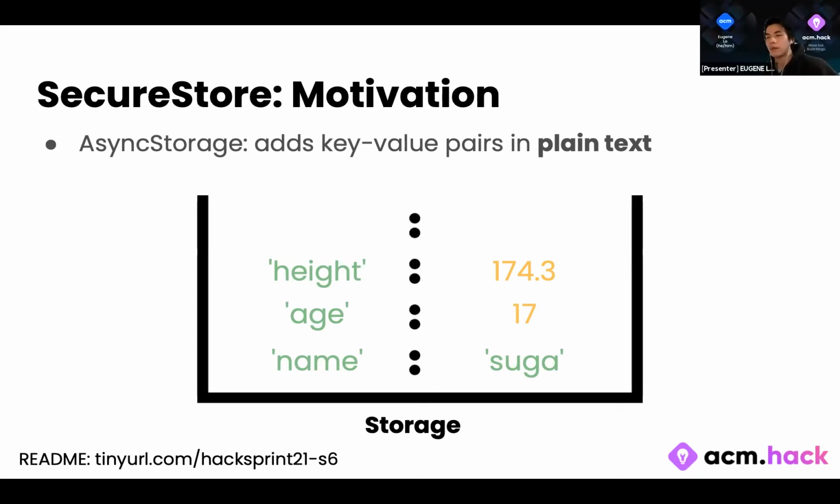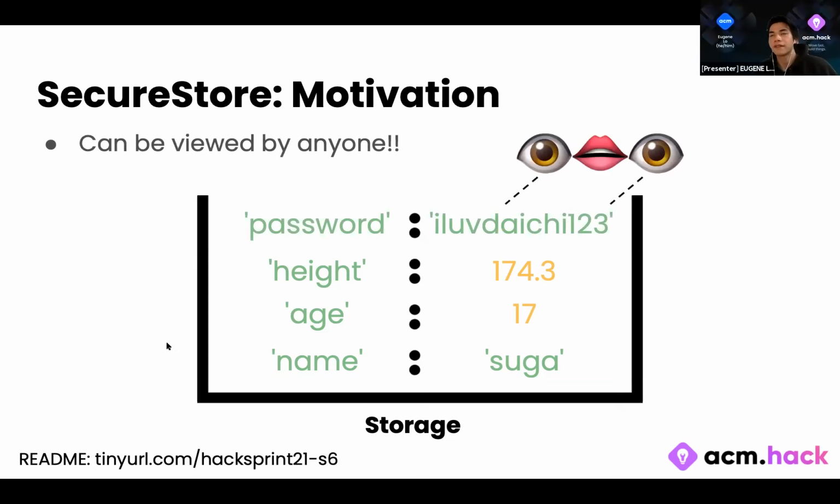We just have height, age, and name, and we see the exact values that they correspond to. So this is great for most intents and purposes, but the fact is that it can be viewed by anyone. So if you have some more sensitive information, like password, this is bad. Anyone can see it, and the people who can see it are not always the best and nicest people.